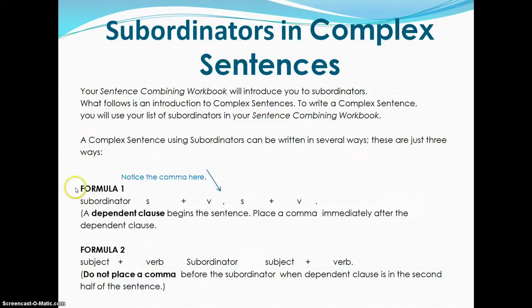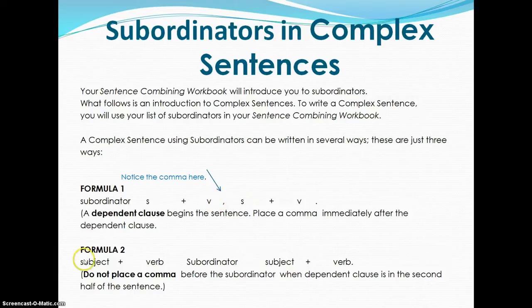The first formula begins with a subordinator, then presents a subject plus a verb, followed by a comma, a subject plus a verb, and a period. The first part with the subordinator is called a dependent clause, and we place a comma right after the dependent clause.